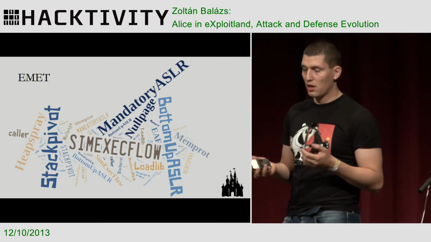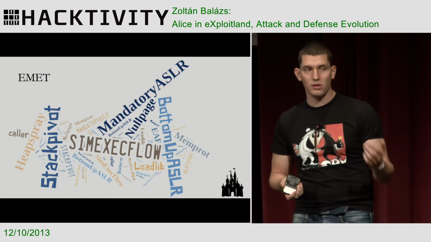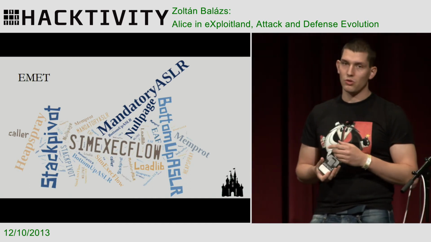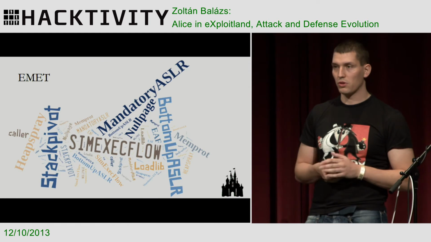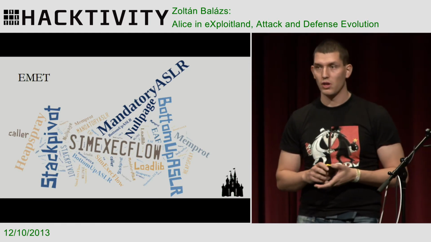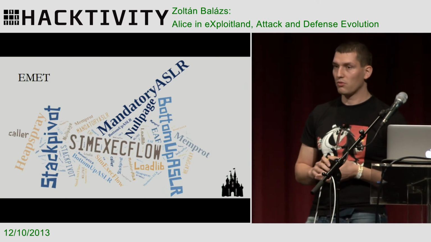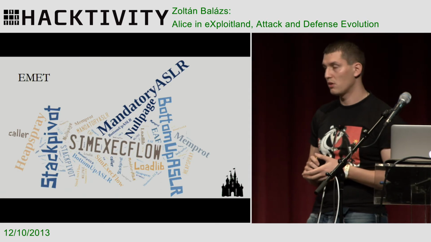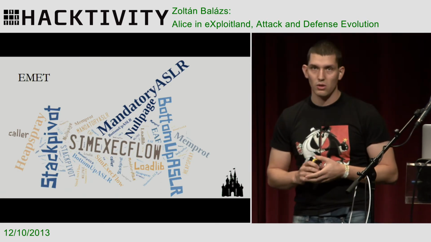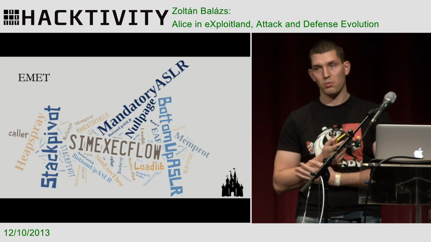So if you cannot upgrade your operating systems, you can still use EMET because you will get all these new protection and mitigation techniques against memory corruption errors. And this is really cool, I think, that you don't have to upgrade, you have to install it, you have to test it, definitely, you have to blacklist, whitelist something, but you will be protected.